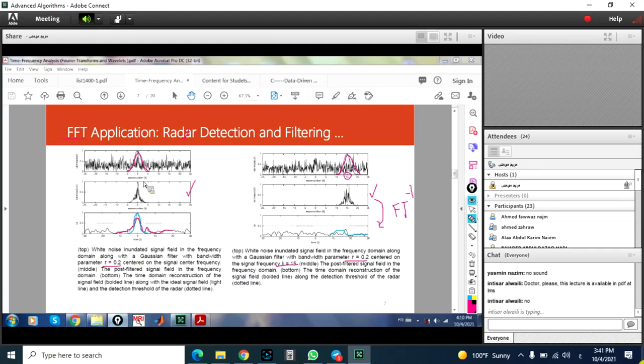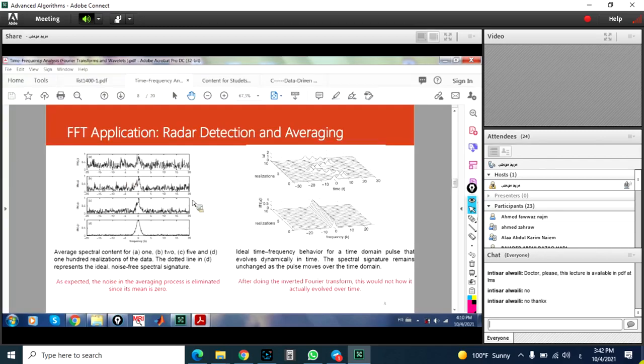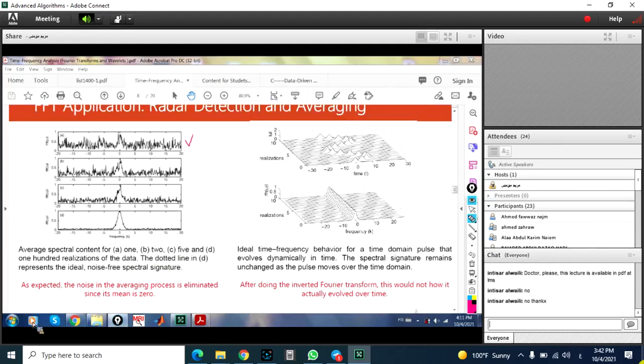For this application, for instance, if you have some signals in the Fourier transform, in A it is one signal, B is the average of two signals in the Fourier domain, and C is the average of 100 signals in the Fourier domain.